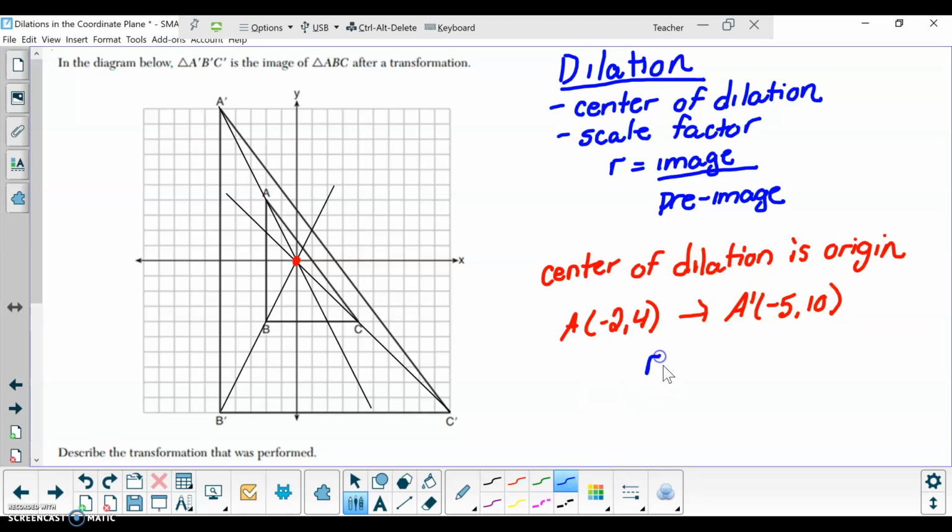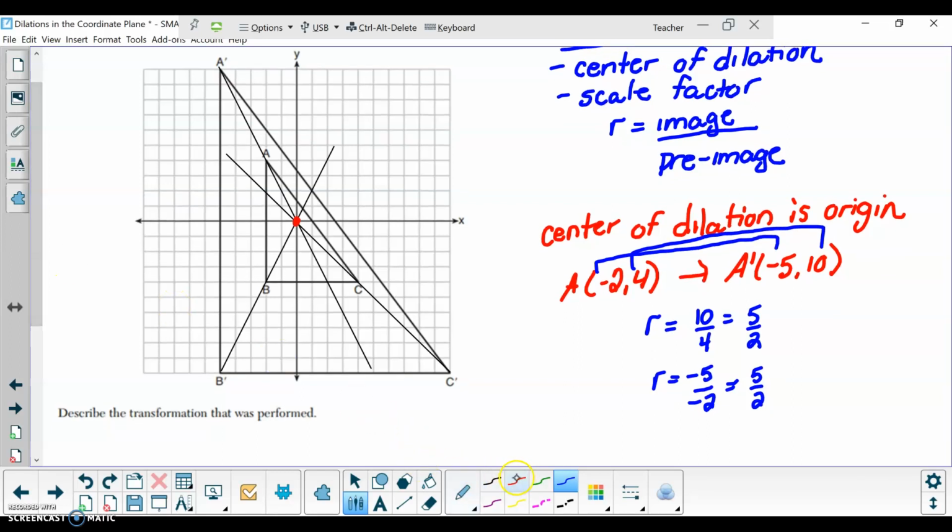Our scale factor is always image to pre-image. So if I compare the y coordinates, 10 over 4 simplifies to 5 over 2. So our scale factor is 5 over 2. And if I use the x coordinates, I get the same thing. Negative 5 over negative 2 also simplifies to 5 halves.